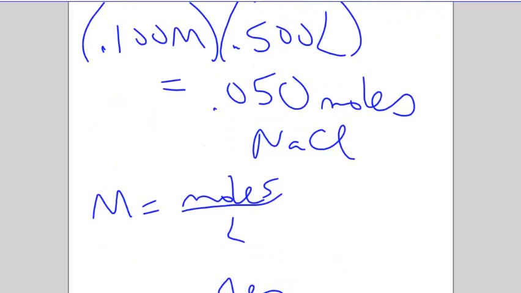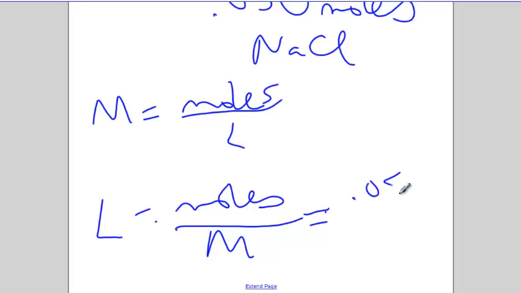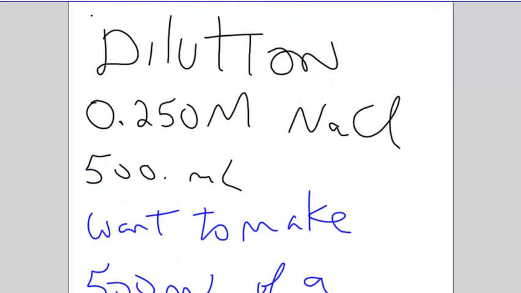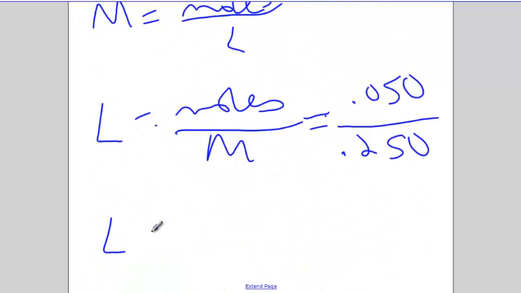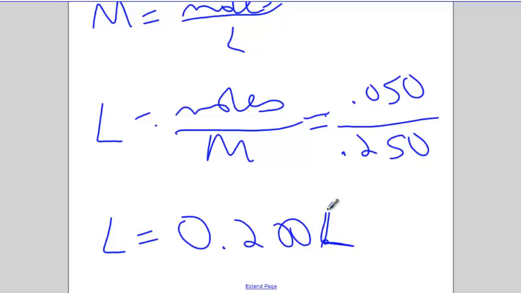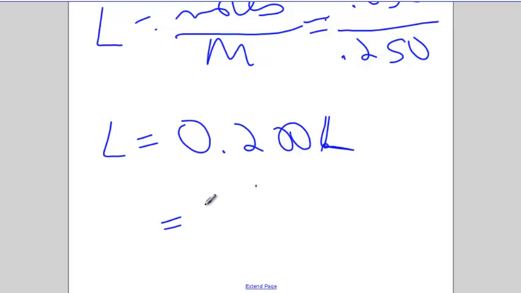So it would be 0.050 over my 0.250 molarity, which is 0.200 liters, or 200 milliliters.